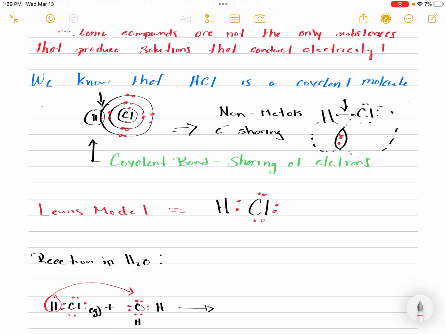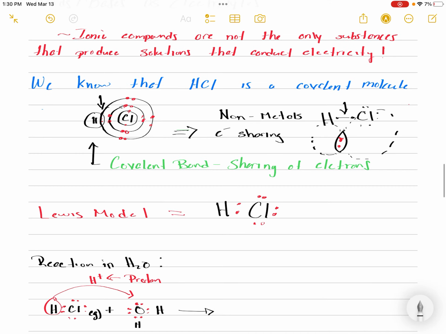This hydrogen comes off as a hydrogen with no electrons, so now it's coming over as just a proton, a positive. You'll often see hydrogen referred to as just a proton, because if hydrogen loses its one electron, the only thing really left is the single proton. So a proton is being moved over to water, and it's going to form this hydronium ion.